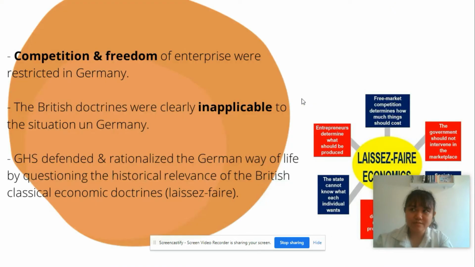At that time, the German historical school defended and rationalized the German way of life by questioning the historical relevance of the British classical economic doctrines of laissez-faire. The British theory was seen as inapplicable to the situation in Germany, as competition and freedom of enterprise at that time were restricted in Germany.